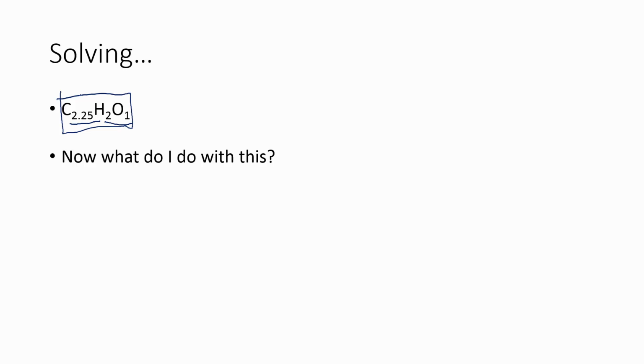So if I multiply everything by 4, I can get to a whole number set of ratios. 2.25 times 4 is 9, so C9. 2 times 4 is 8, so H8. 1 times 4 is 4, so O4. C9H8O4 is our empirical formula.